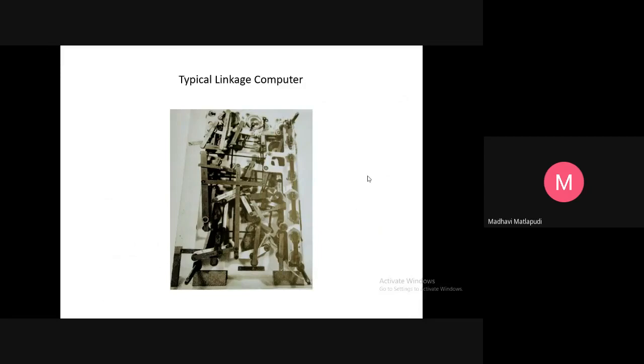This is a typical linkage computer which has many links like this: linkage A, linkage B, linkage C combinations here, taking T and V as inputs, converting them into T square and V square, and through the differential gearbox, sending it to another set of linkages, and finally deriving square root of T square minus V square. So this is how a mechanism is designed based on a mathematical expression.